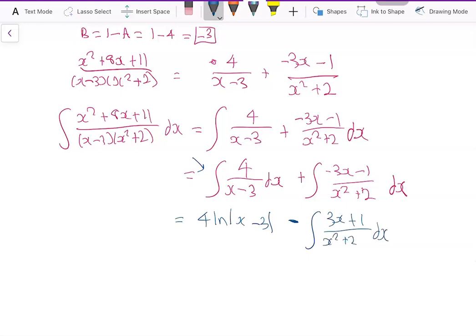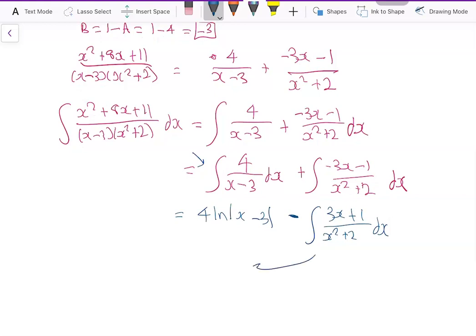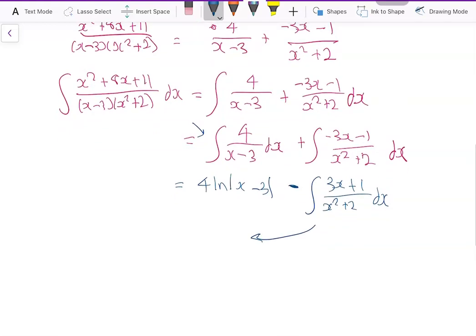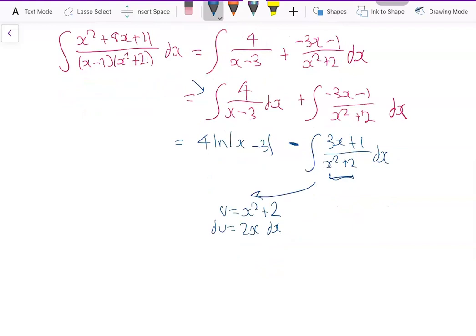Okay, now let's say we did a u substitution where we have x squared plus 2 in the denominator. What if we did u equals x squared plus 2 and du equals 2x dx? So then we would have, for example, the integral of 2x dx over x squared plus 2 would be equal to ln of (x squared plus 2) plus c.